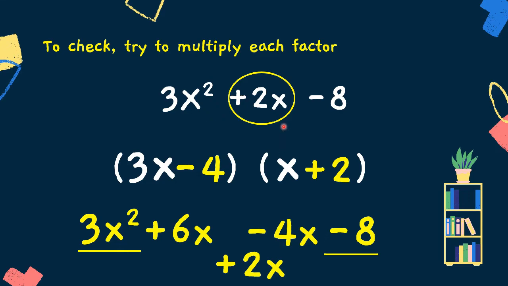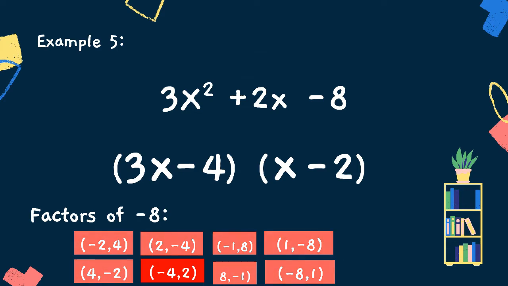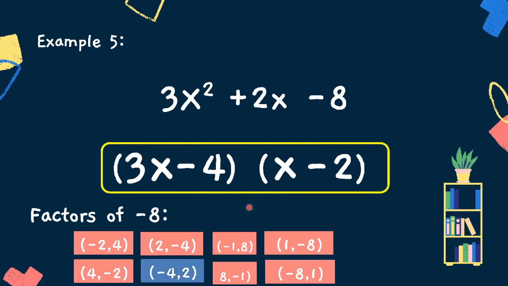Notice that it matches the second term of the given polynomial. Therefore, we have already found the factors that we are looking for. So the factors of 3x squared plus 2x minus 8 are 3x minus 4 and x plus 2.